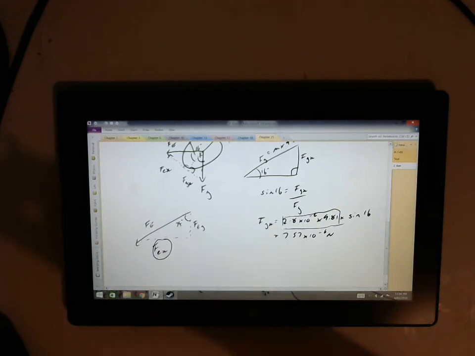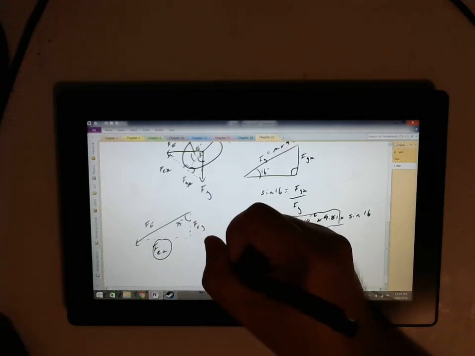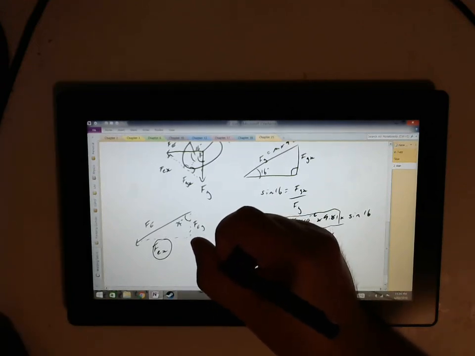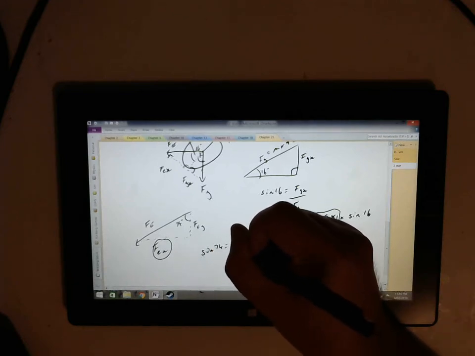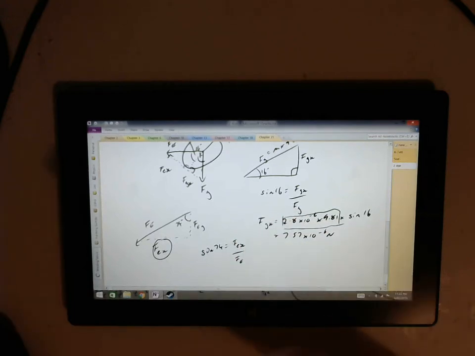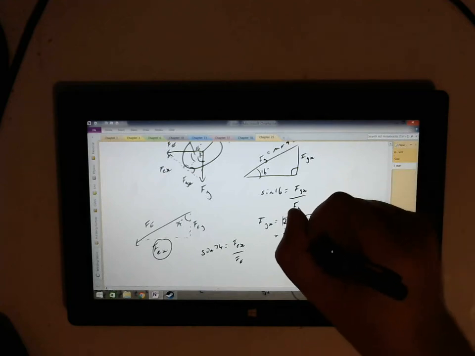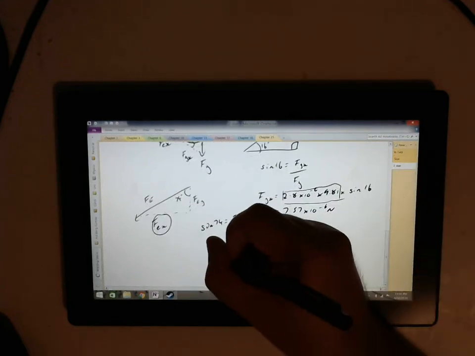In this case, it's a sine of 74 rather than the sine of 16. So let's write that out, that the sine of 74 equals opposite over hypotenuse, Fe of x over Fe. The thing is, we know Fe of x, it's going to equal this, so we need to solve for Fe.